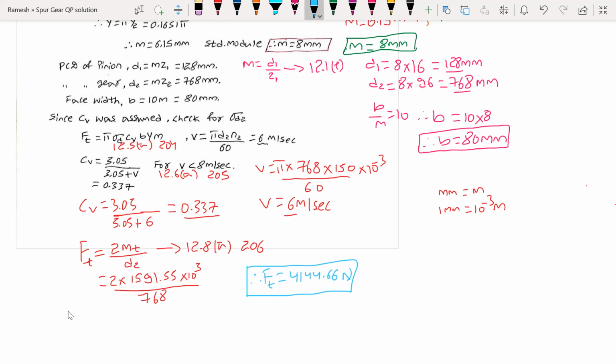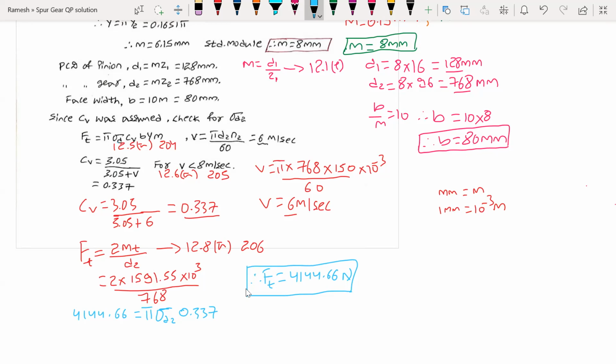Therefore, FT 4144.66 is equal to pi into sigma d into CV. Here we have calculated the value, it is 0.337, into B, the face width, which is calculated as 80.